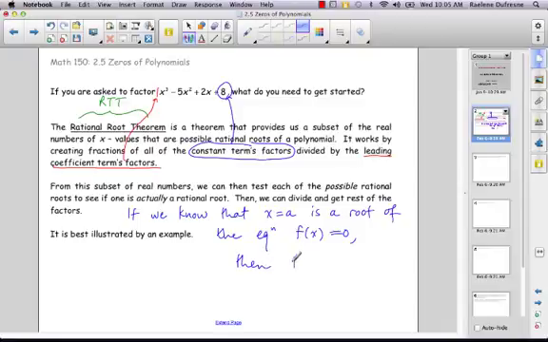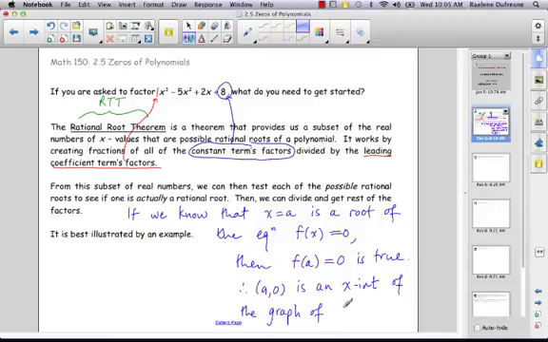then we know that f evaluated when x is substituted with a equal to 0 is true. Furthermore, we know that (a, 0) is an x-intercept of the graph of f.